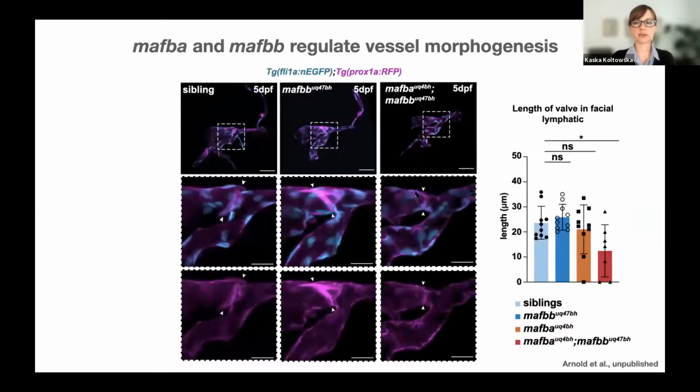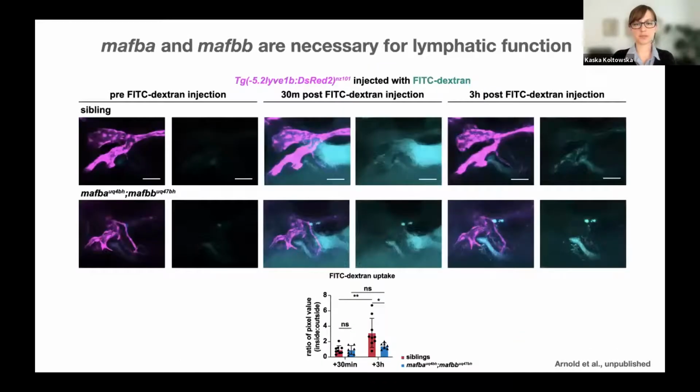Recently, it has been described that there is a valve region in these facial lymphatic vessels that is important for functionality of the vessels, and this has been disrupted in these double mutants. So was the functionality of this vessel.